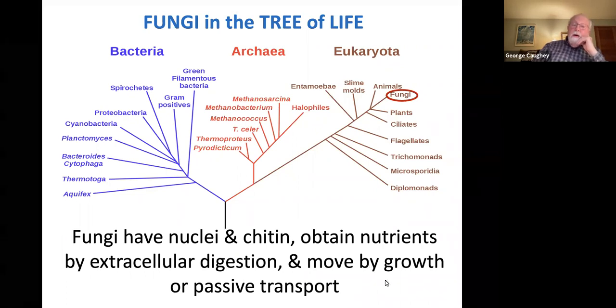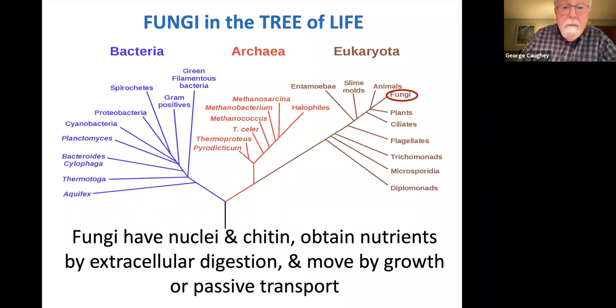And unlike many other life forms with which we are all familiar, they move by growing. That's really their only option. They can't run towards their food. They don't have flagella or anything like that.